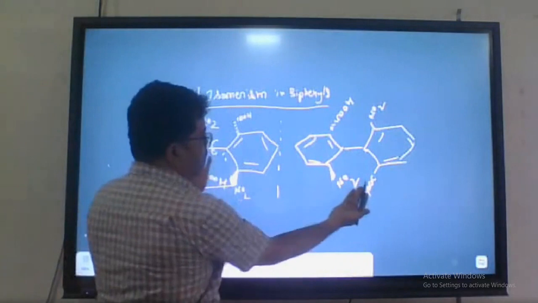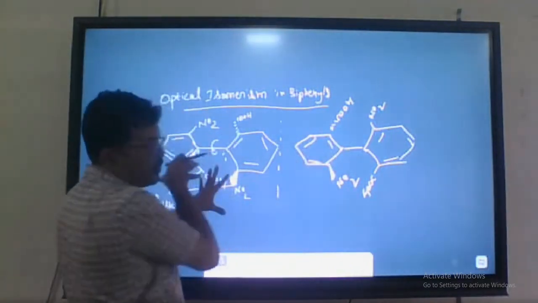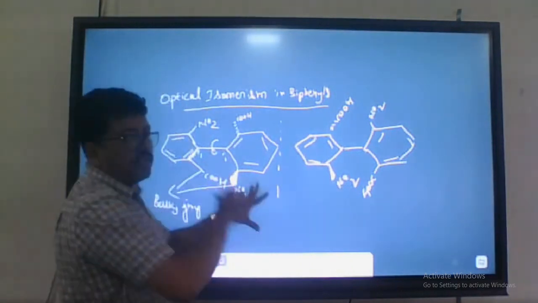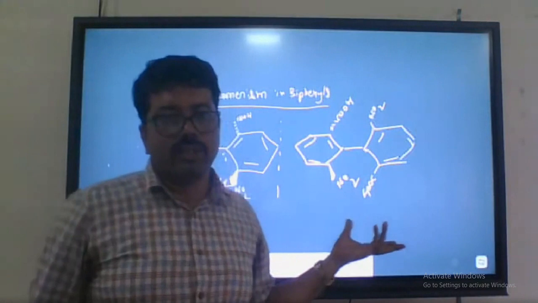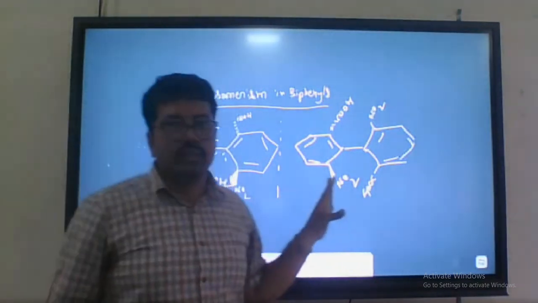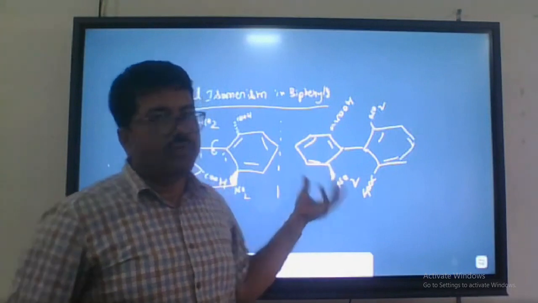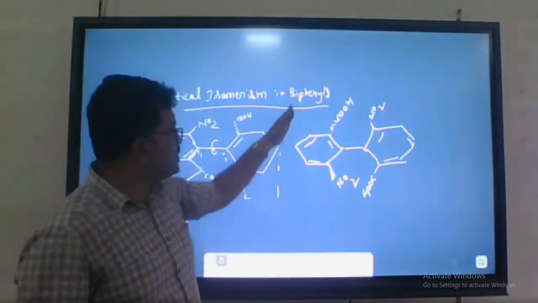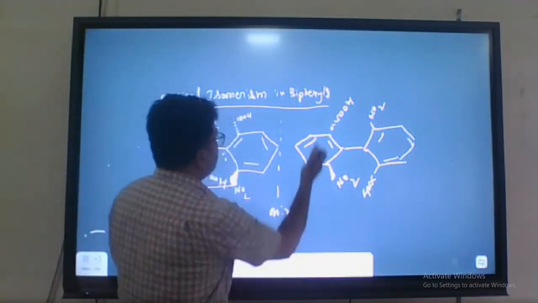These two are mirror images but not superimposable. That's why they are enantiomers. This is 6,6'-dinitro-2,2'-diphenic acid.